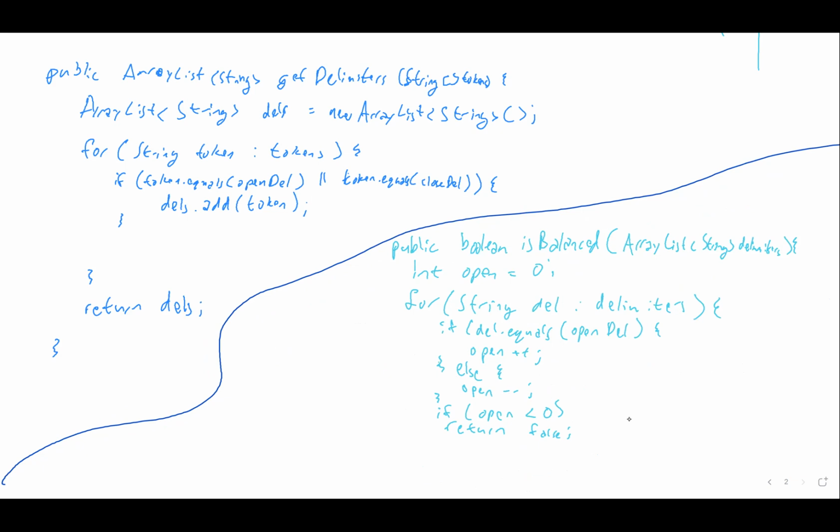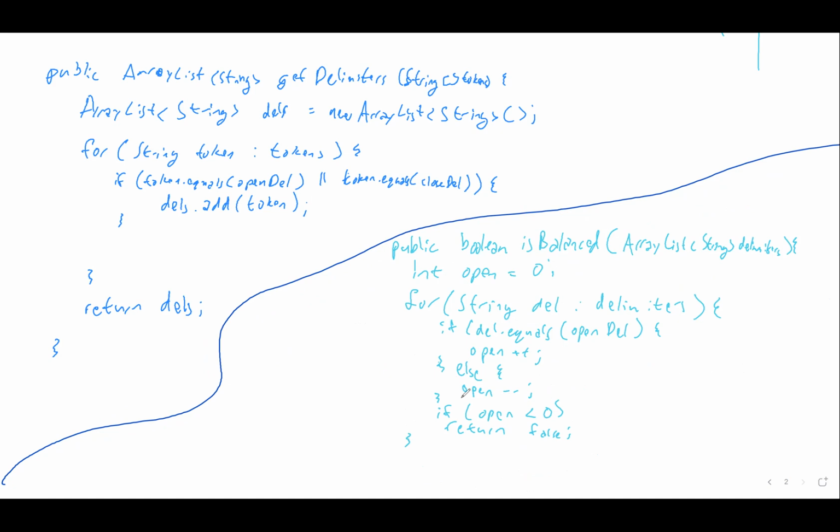All right. Perfect. So if open is less than 0, return false. I think that's all we need to do inside of this for loop. And then after the loop, we want to check, is open equal to 0? If it is, we'll return true. Otherwise, we'll return false.